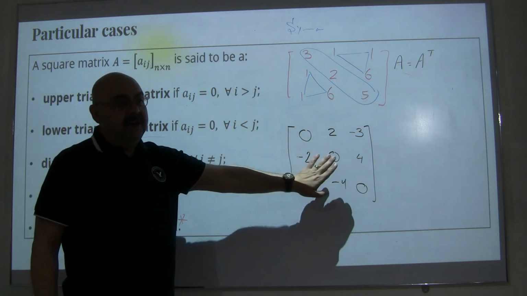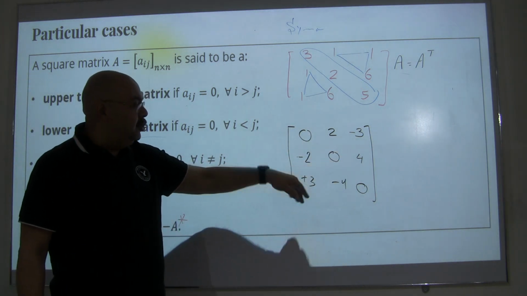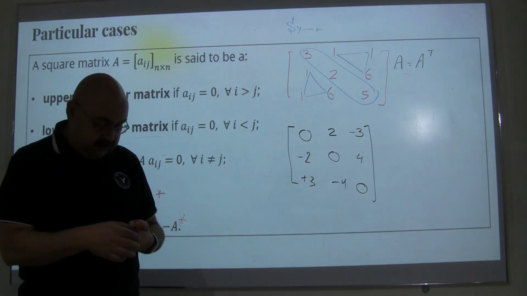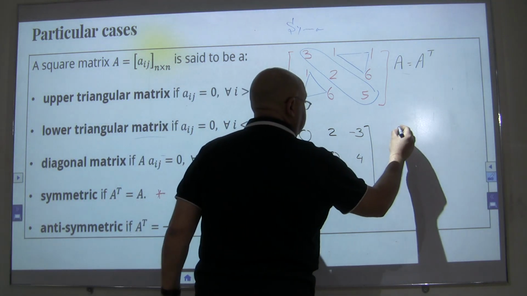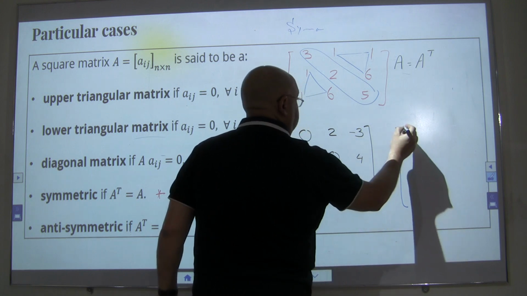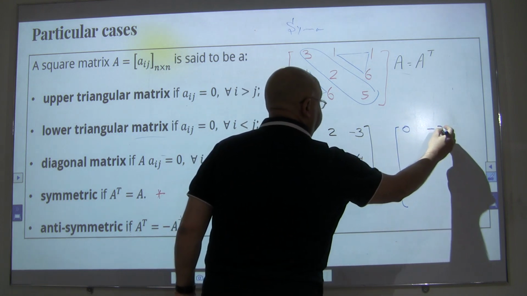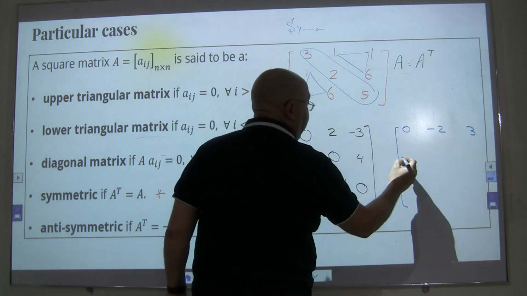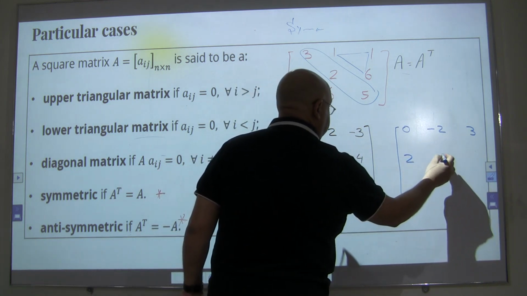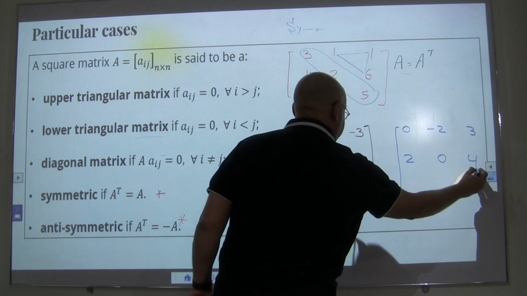See this one. Can anyone bring the transpose of this matrix? Get the transpose of that matrix. So it's gonna be 0, 2, 3. 0, negative 2, and 3. Then you will have 2, 0, and 4.